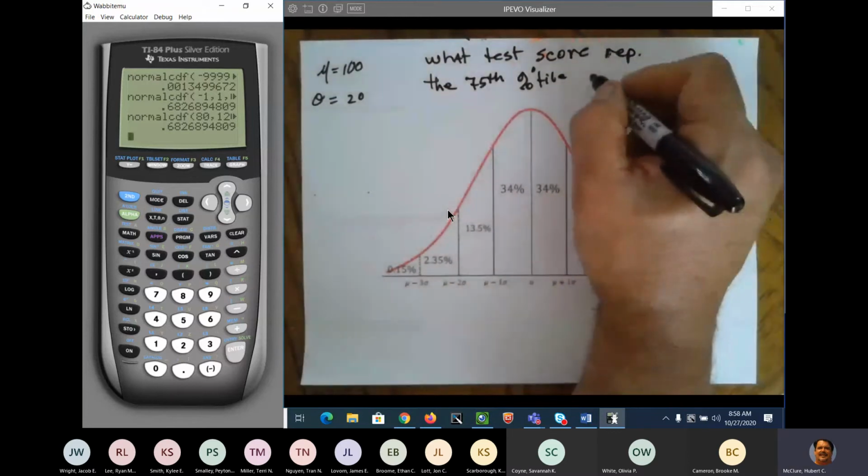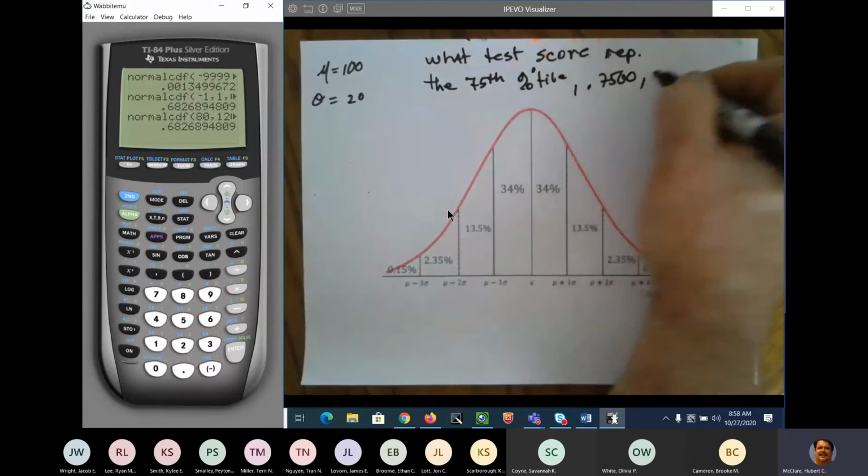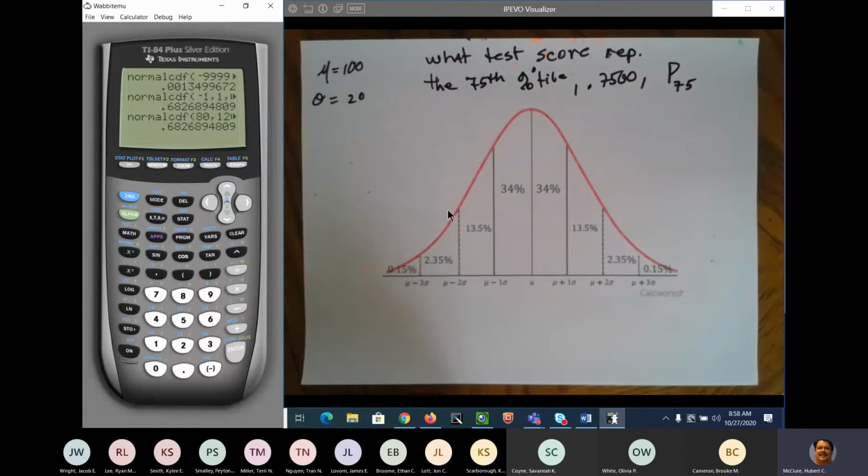It might be written as 0.7500, or it could be written as P with a 75 subscript under it. Okay, what test score represents 75%?